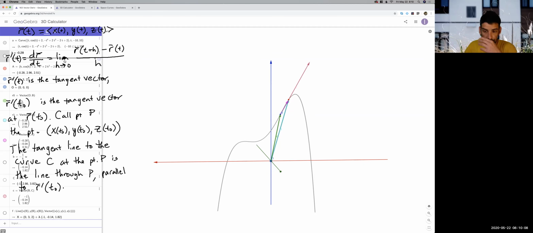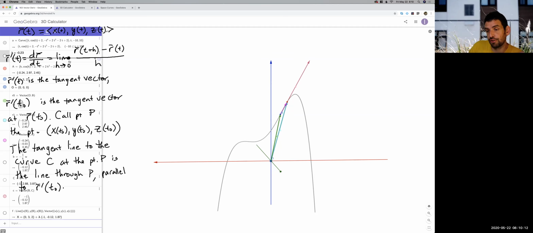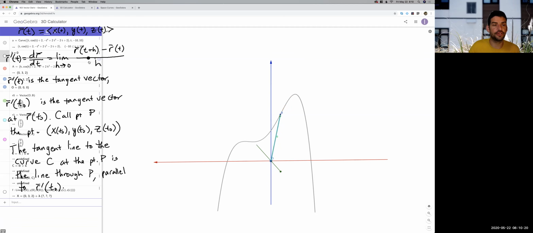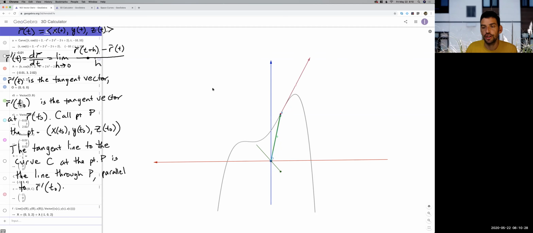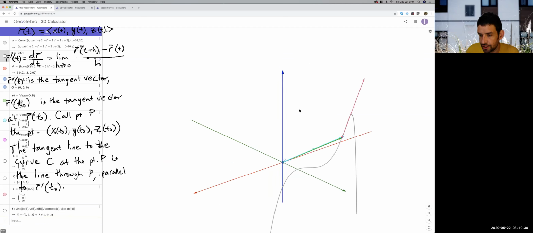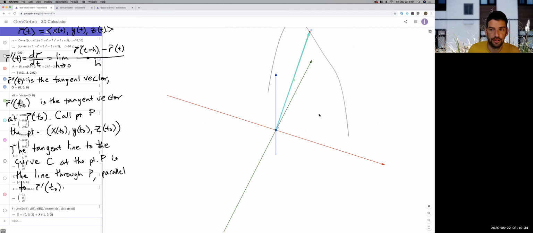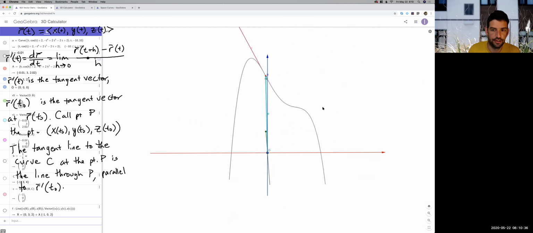Notice the vector between them is getting smaller, but because h is so small, it's scaling that red vector much larger. And right here, of course, it disappears because now I'm telling the computer to divide by 0. The computer doesn't know how to take limits, but if I go just before 0, we get a pretty good approximation to what this looks like. There's our tangent vector just coming off the curve there.